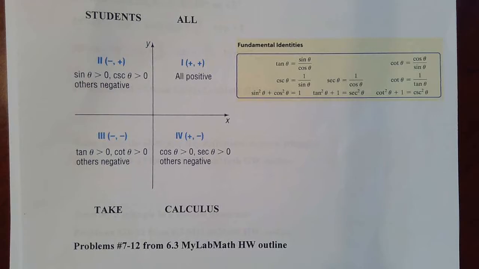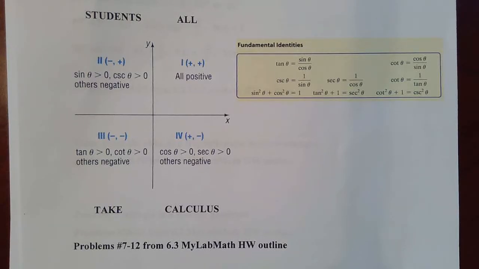Now, sometimes without drawing a picture, they're going to ask you to rotate to a particular quadrant, and they're going to indicate certain negatives and positives by saying things like the sine is positive. You're in a quadrant where the sine is positive and the cosine is negative.